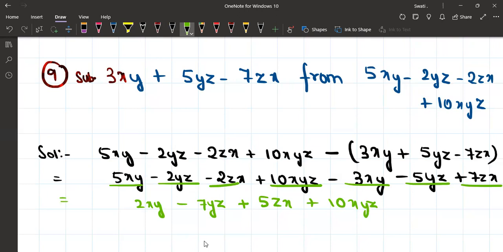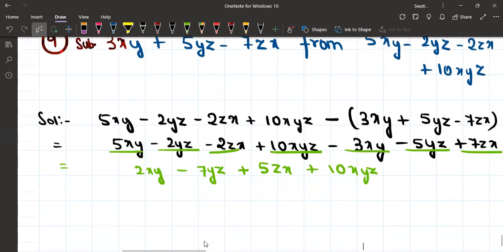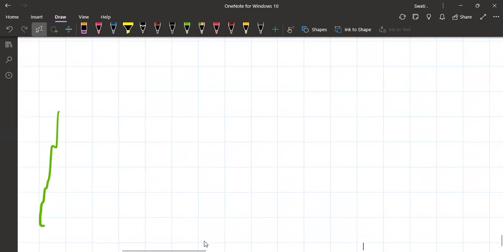All right, we are done with the 9th question. Let's go to the 10th question. In the 10th question, again, we need to subtract only. This has a few more terms. Let's go to the 10th question.